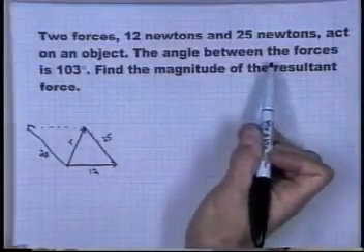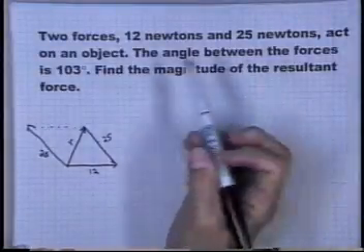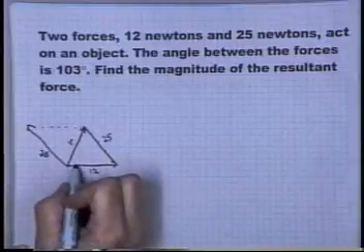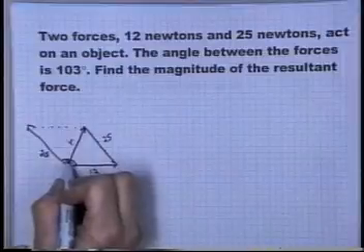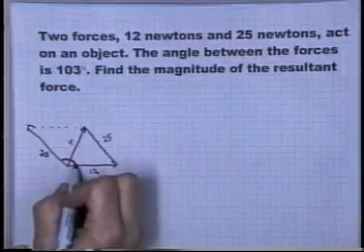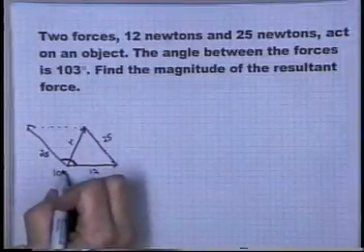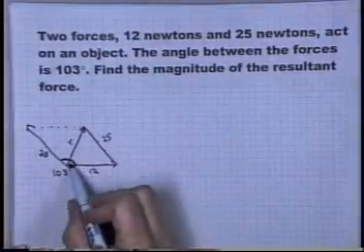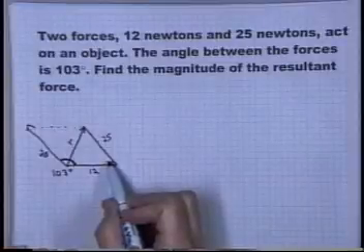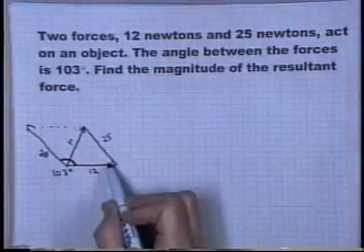Recall the angle between the original two forces is 103 degrees. From this 12 Newton force all the way over to the 25 Newton force, this whole angle right here is 103 degrees. In a parallelogram, you might recall that adjacent angles of a parallelogram are supplementary.